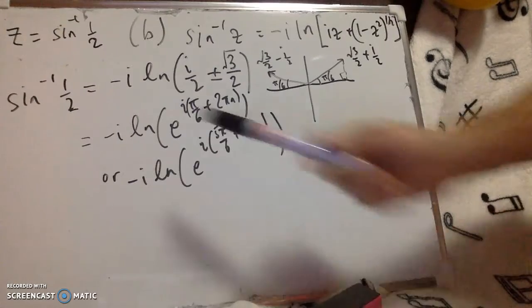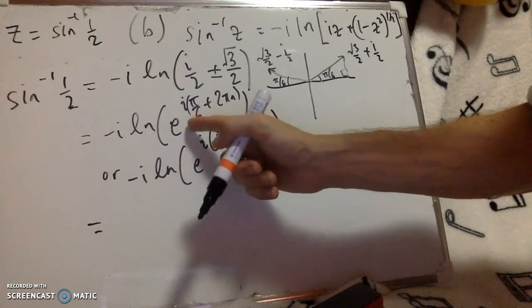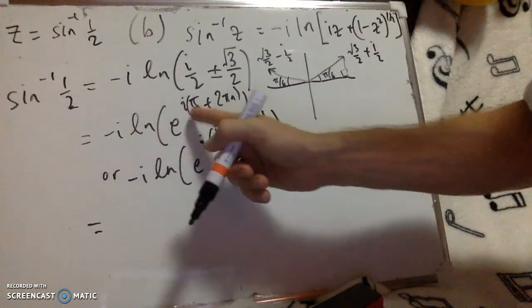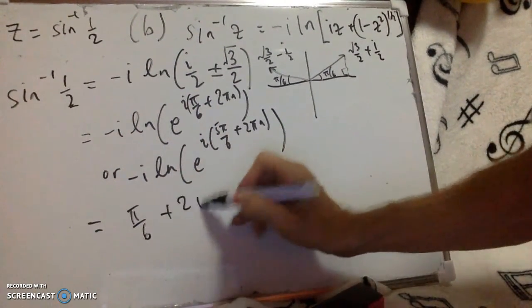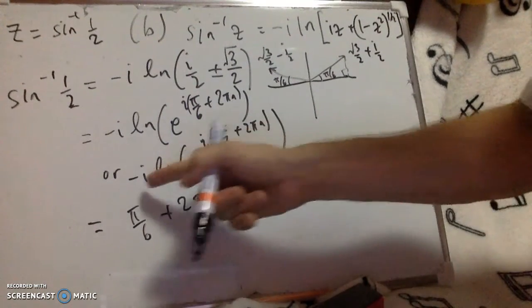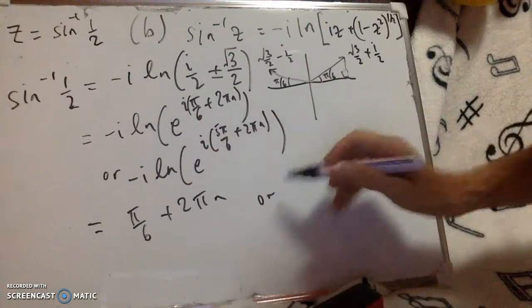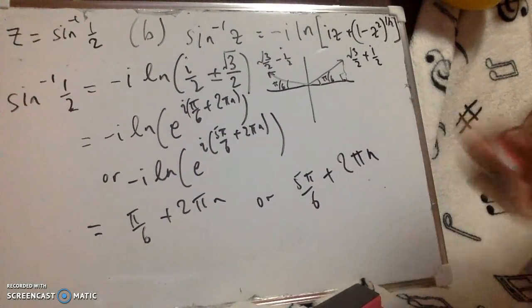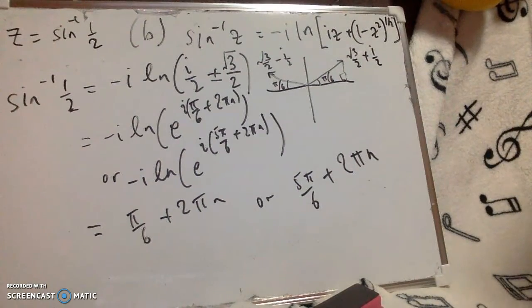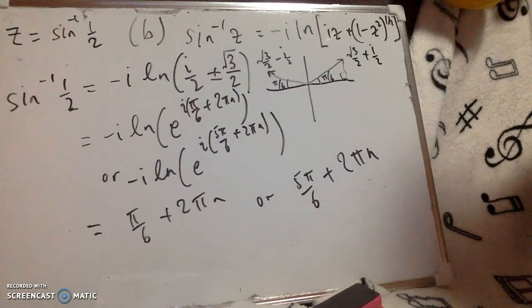So when we take logs of this, we bring down the i, and minus i times i is plus, so we end up with pi by 6 plus 2 pi n. Or in this case, taking logs of this, bring all this down, multiply by minus i, we get plus 5 pi by 6 plus 2 pi n. So you can see probably part B is a more complicated method, in this case anyway.